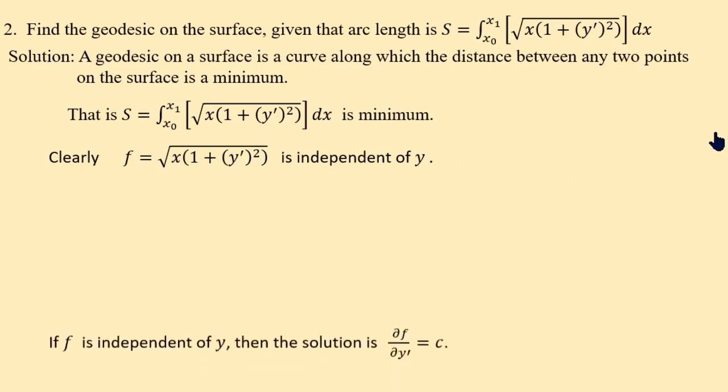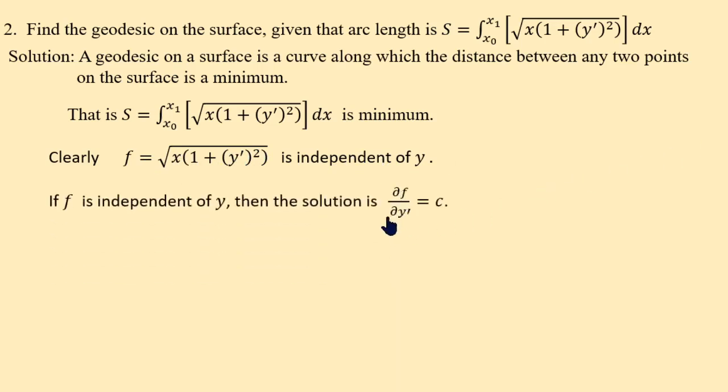When you substitute in the first Euler equation, dou f by dou y dash becomes a constant c, because dou f by dou y is 0. First part is 0. D by dx of dou f by dou y dash is 0. Therefore, dou f by dou y dash is constant. Now f is here. Just differentiate partially with respect to y dash and equate it to the constant c.